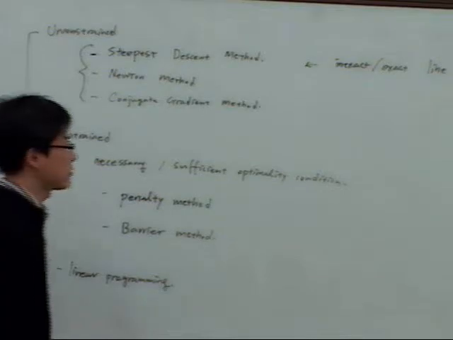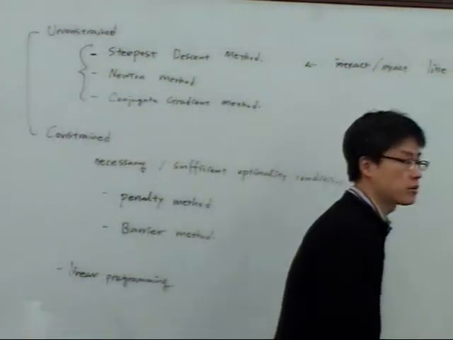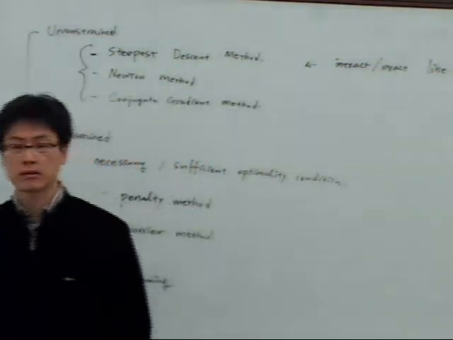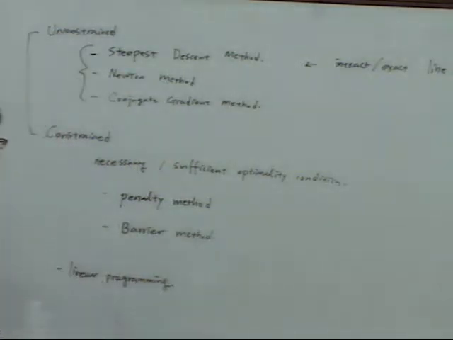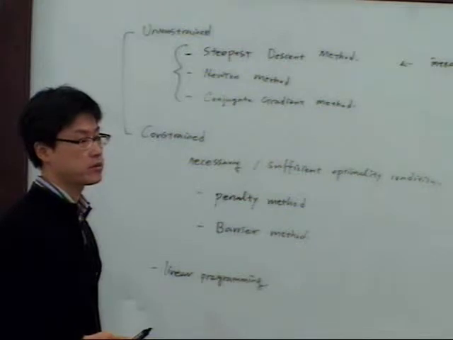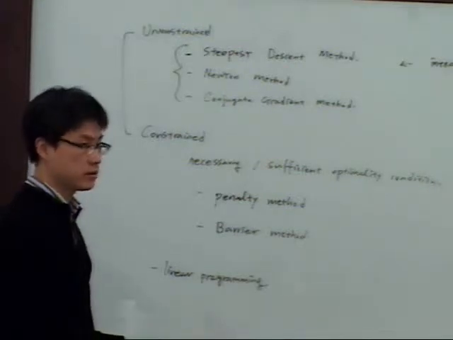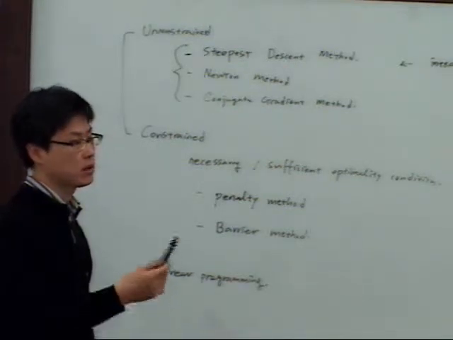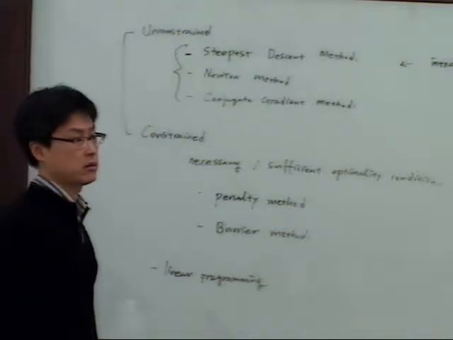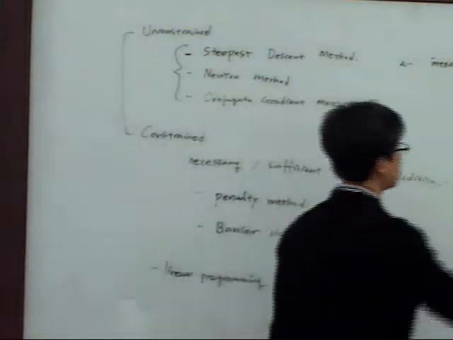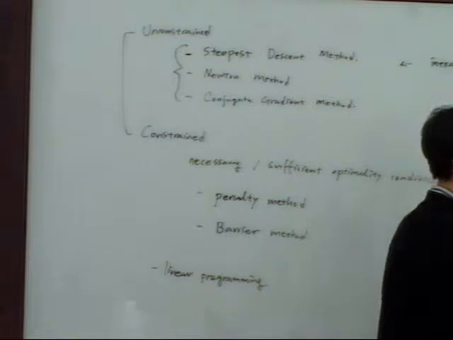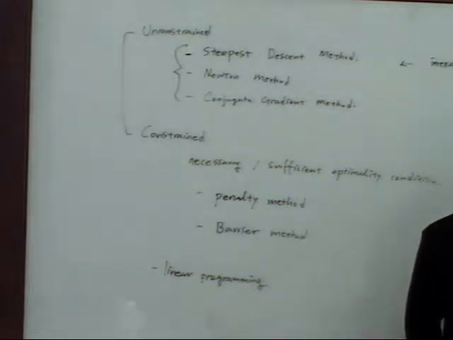Also, what if our feasible region is not continuous? In many cases, the variables are mixed. Some variables are continuous, some variables are discrete, and some variables are not even mathematical. So, for that, I'd like to cover something called GA.